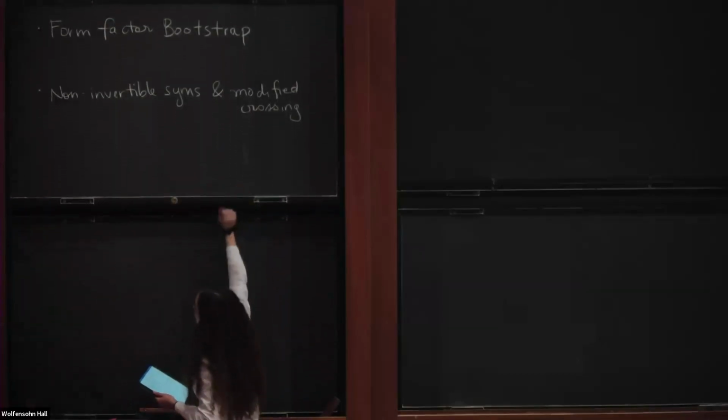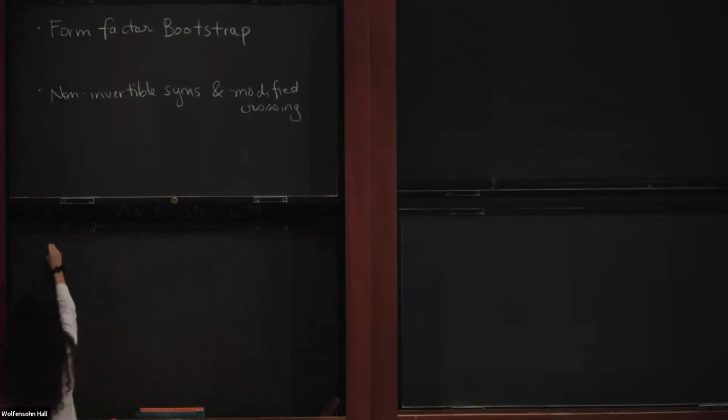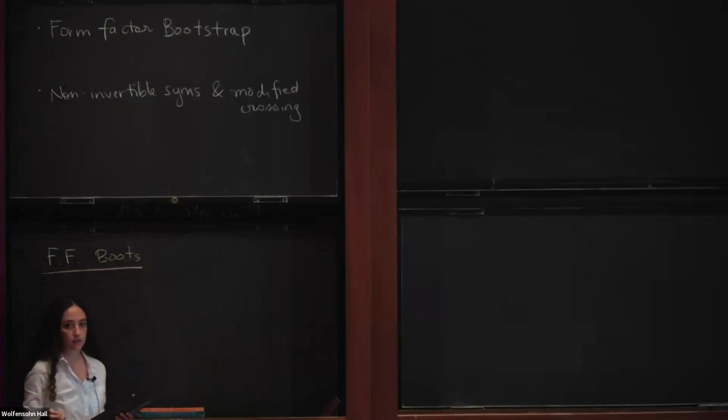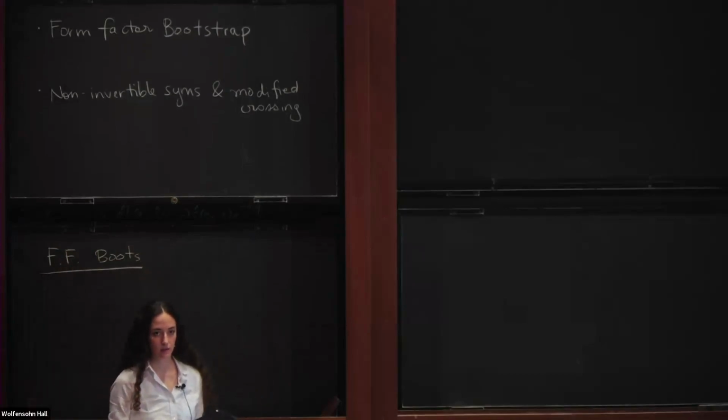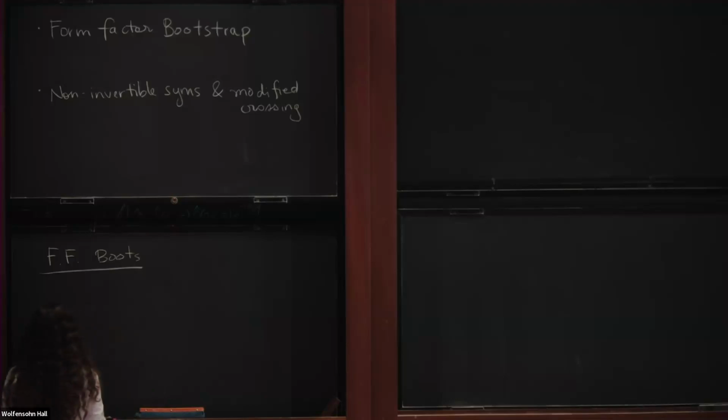So the idea of this form factor bootstrap is to be able to connect with the UV physics of the theory. As you probably know, our paradigm of how we think of QFT is as an RG flow starting from some CFT in the UV and ending somewhere in the IR in some other CFT.